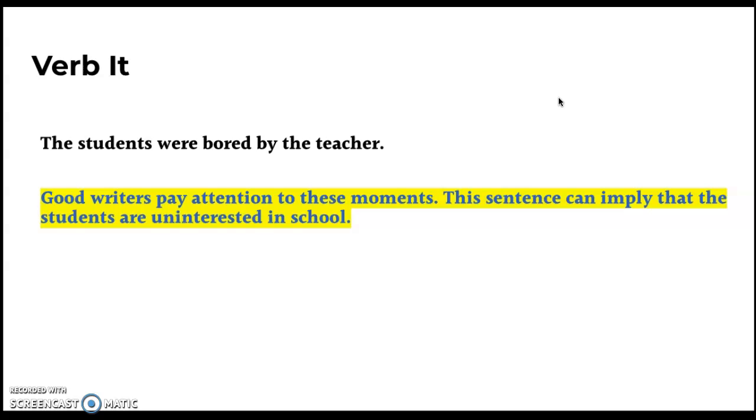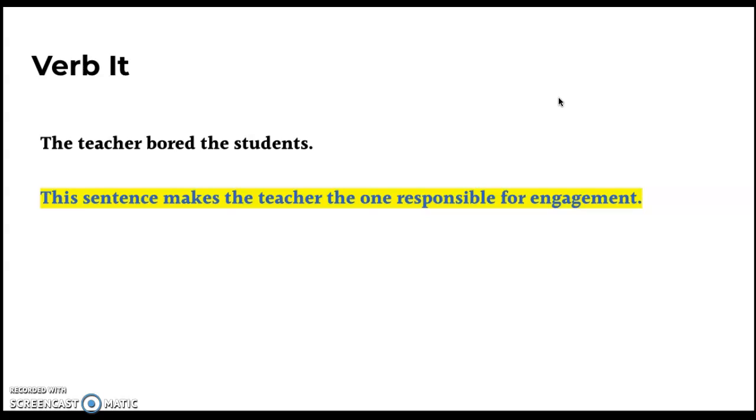So often if we're framing it this way, we can make the students the ones who have to be accountable in the situation. But if you change it, the teacher bored the students, this sentence makes the teacher the one who is the most responsible for engagement in the classroom, right? So that changes the meaning. It changes who is responsible. I mean, I think it's both. But for the sake of this exercise, I'm pointing this out.